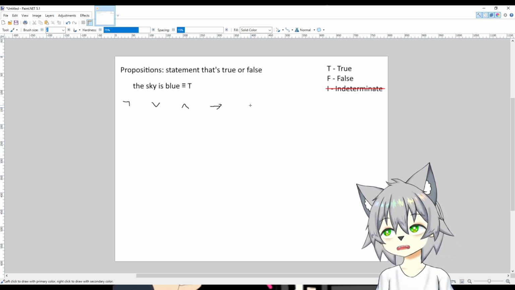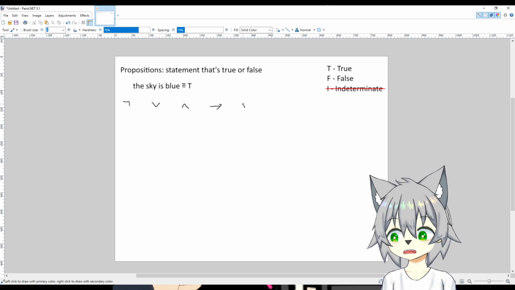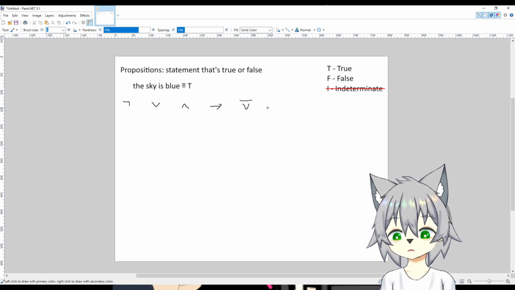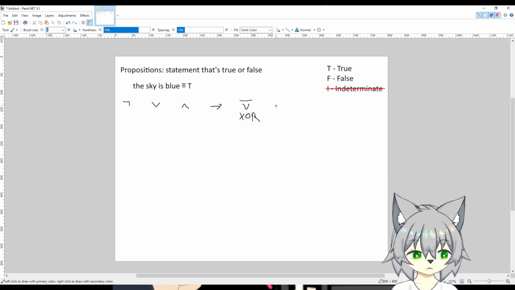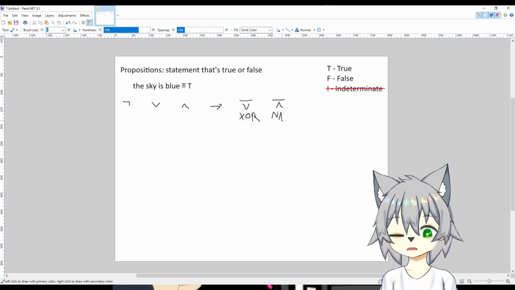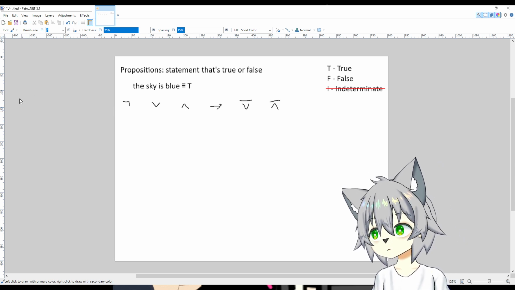And there's also XOR and NAND, which is basically this. And this is XOR for what it's worth. There's a unique symbol associated with it, but I couldn't find it before.